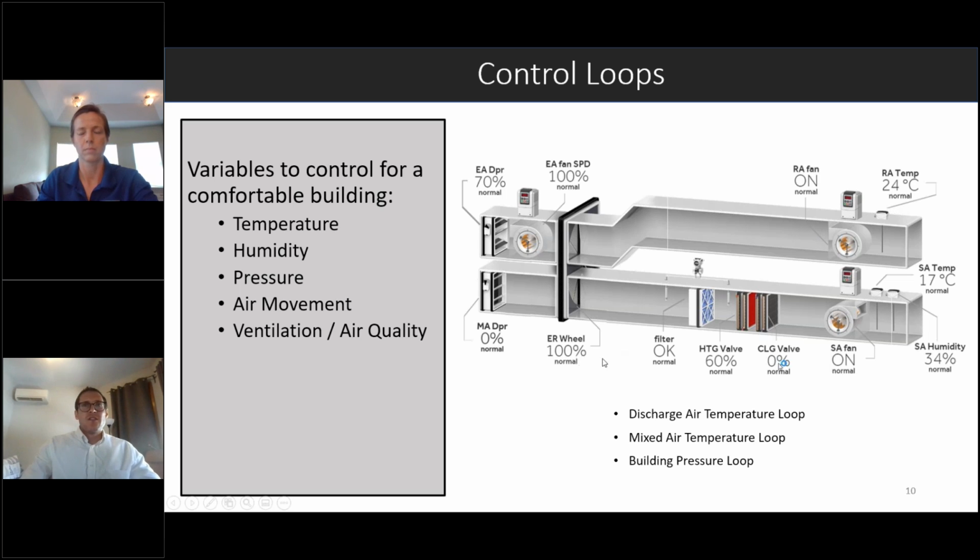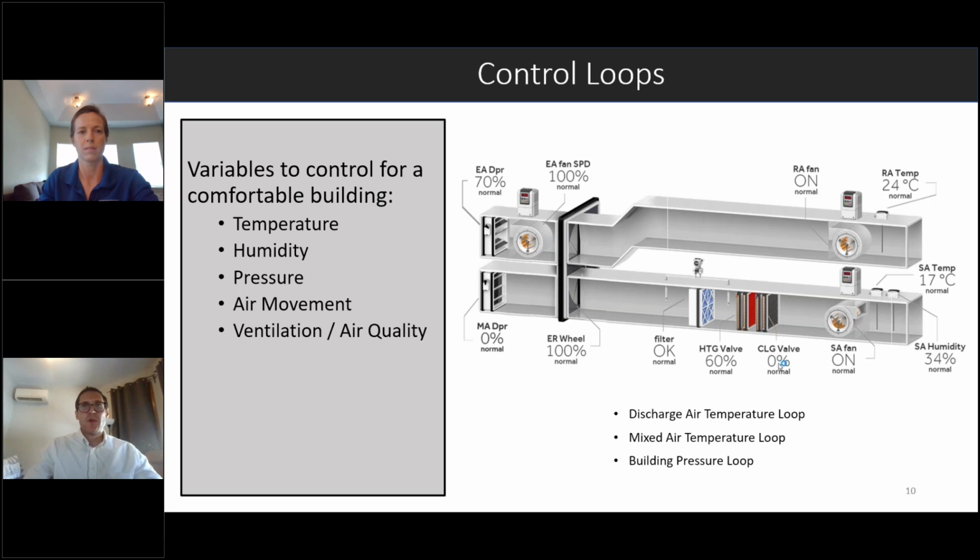So let's take a look at how a controller logically works to maintain the parameters that you want. So all these different variables that we're trying to maintain, the controller utilizes control loops to try to maintain these variables within a building.